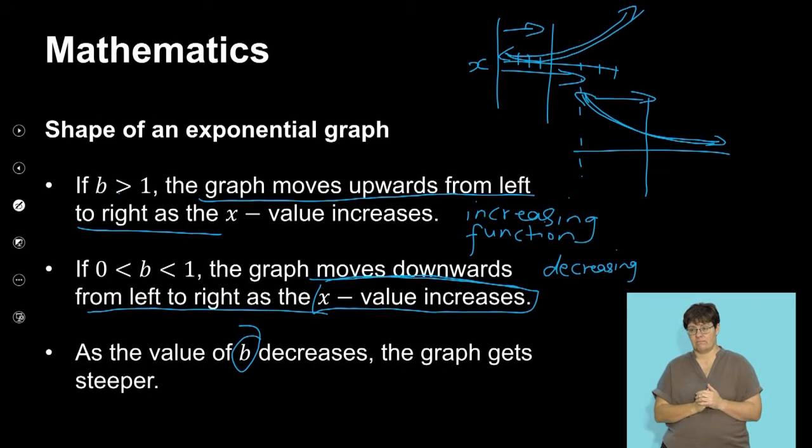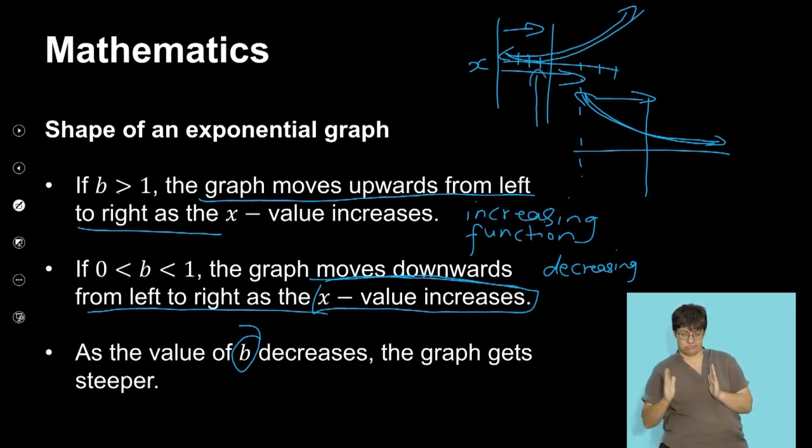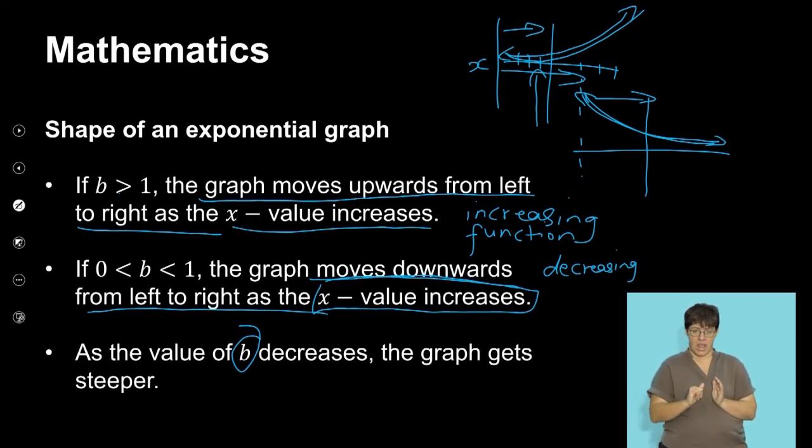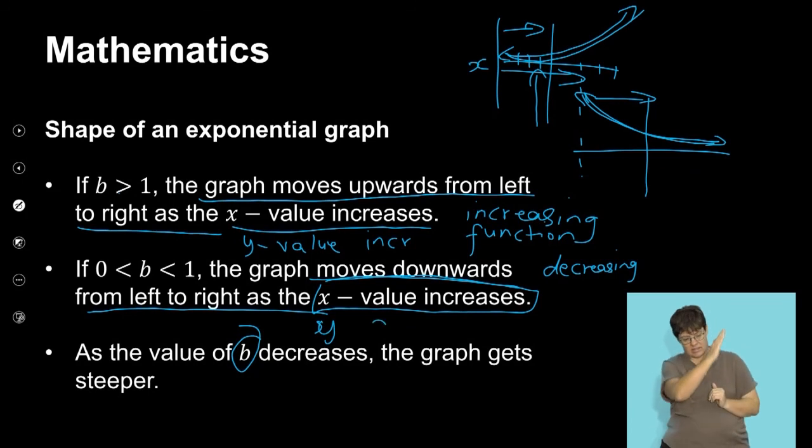And why are we saying increasing and decreasing? Because we are mainly looking at the y value. As x is increasing, the y value is also increasing here, because it is going up. And with this one, as x is increasing, the y value is decreasing.